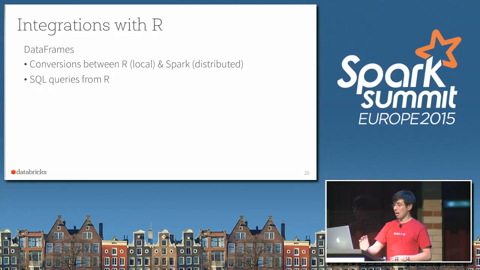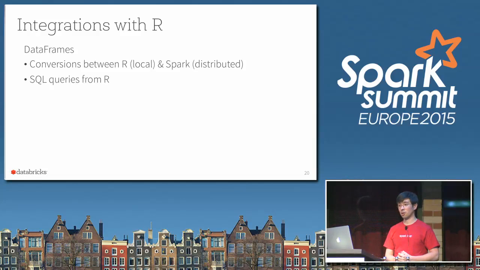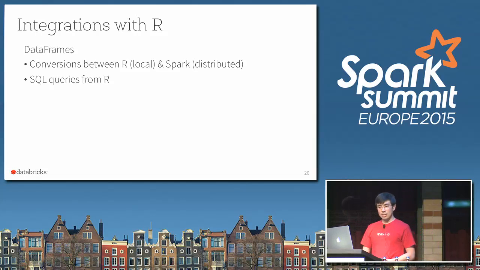So, cool. I've focused a lot on scikit-learn and Python pandas, but I do want to mention integrations with R. Data frames are the first thing which were added in 1.4, and essentially add a couple critical components.